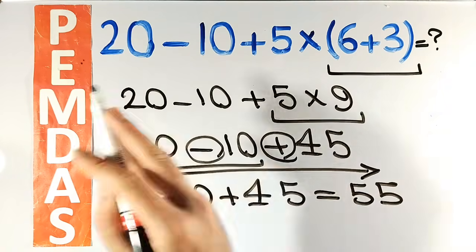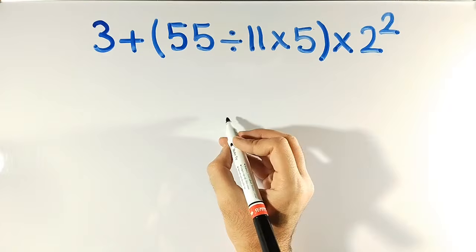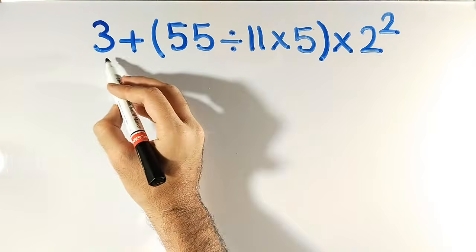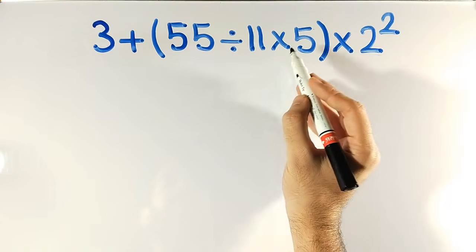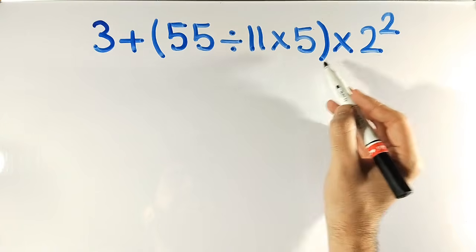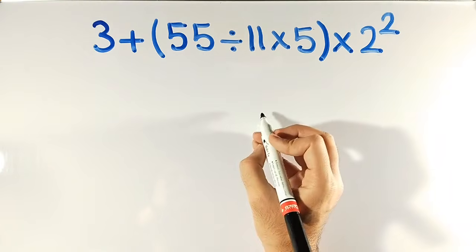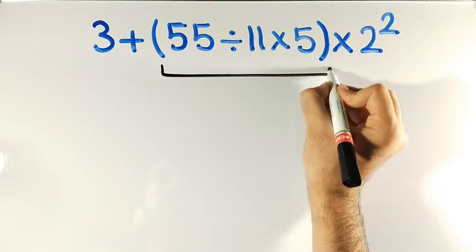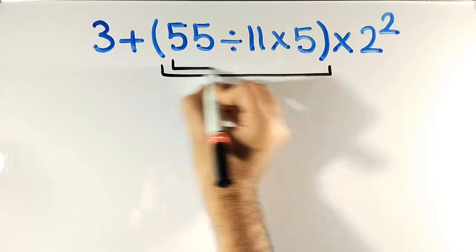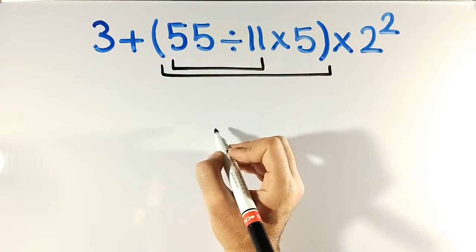Alright, let's solve another math question together. What is the value of the expression 3 plus open parenthesis 55 divided by 11 times 5 close parenthesis and multiplied by 2 squared? Many people, when solving this question, first go for the expression inside the parenthesis and solve with the division between 55 and 11.